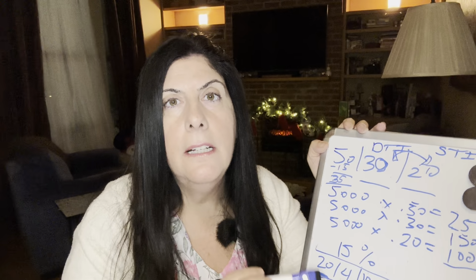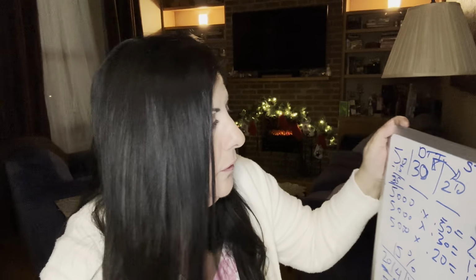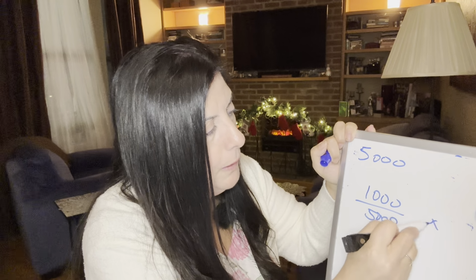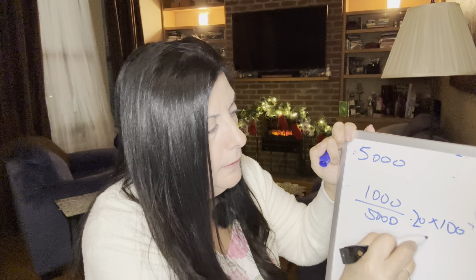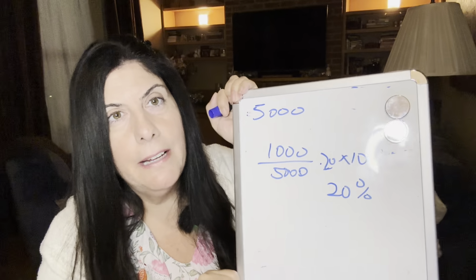You take the amount that you're saving and do the calculation. So if you're still making $5,000 and you were saving $1,000, you divide 1,000 by the 5,000 and multiply it by 100. That gives you 0.20, and you're saving 20%. So that would be that calculation.